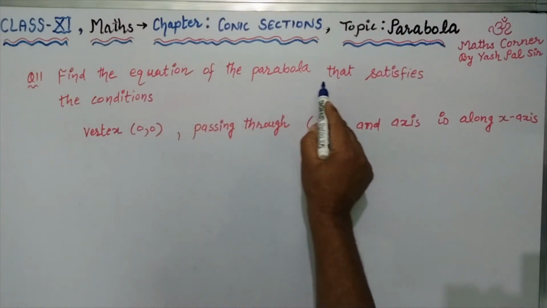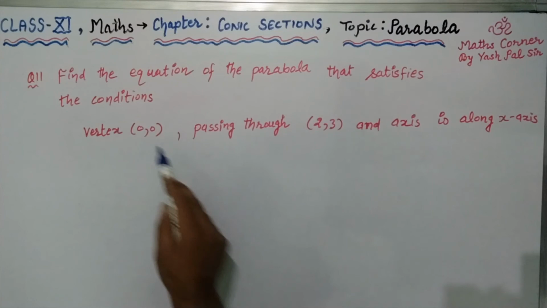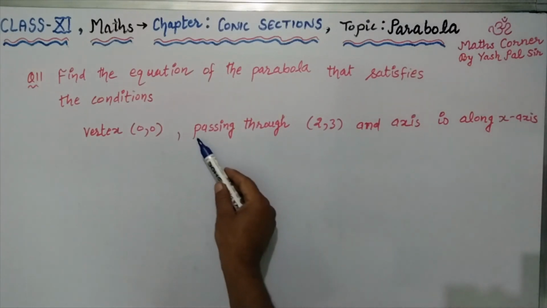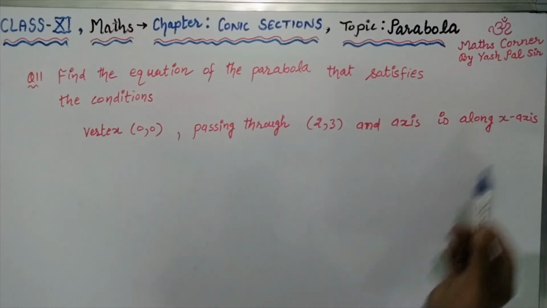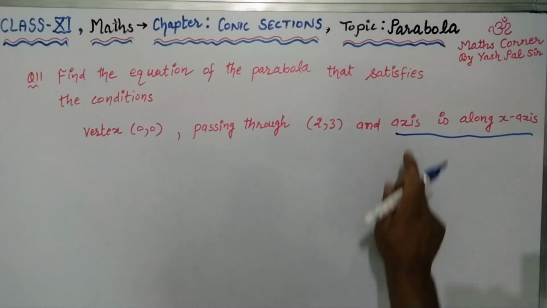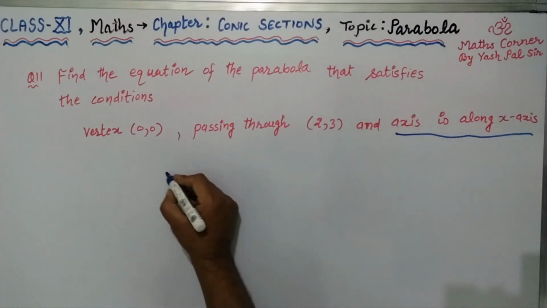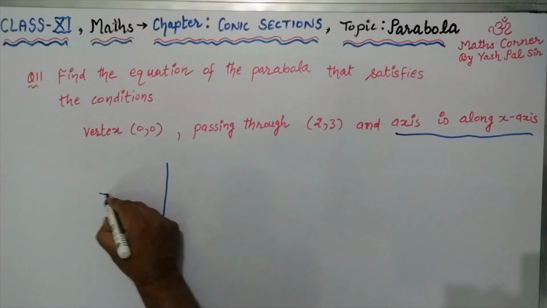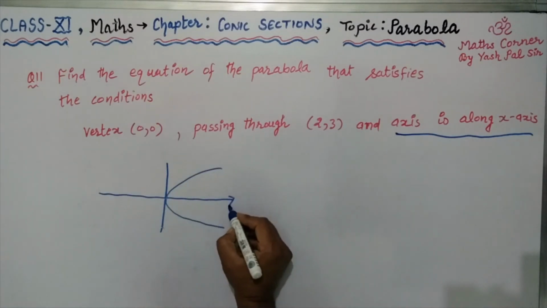Now next question. Question number 11. Find the equation of the parabola that satisfies the conditions. Vertex is (0, 0). Nothing is to be done with this vertex. Passing through (2, 3), and axis is along x-axis. First of all, axis is along x-axis, so we have two types.